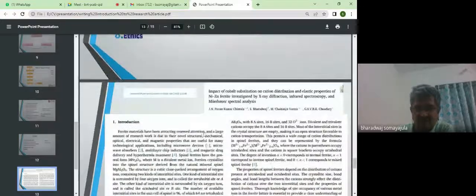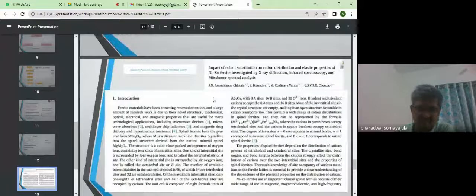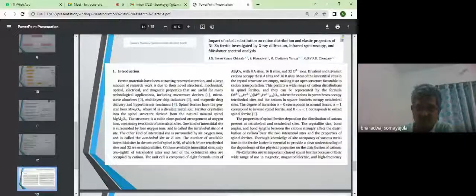Let me just give an example. This is one of the papers which I have published with an impact factor of 4. I'm just taking an example for the audience. You can see here, I have used a ferrite material. If anyone is in physics, they will understand that ferrite is a magnetic material.